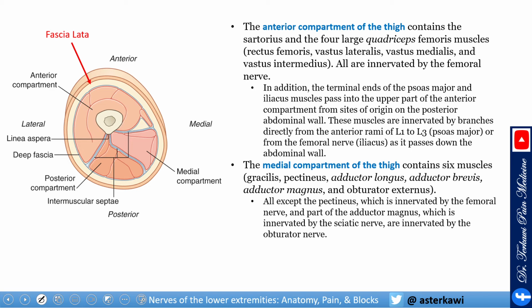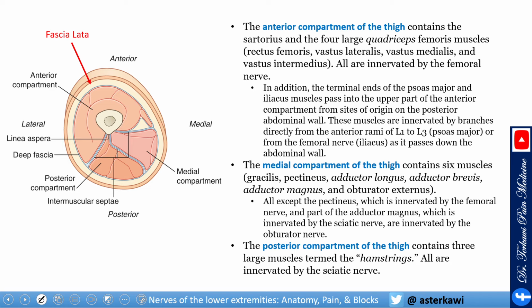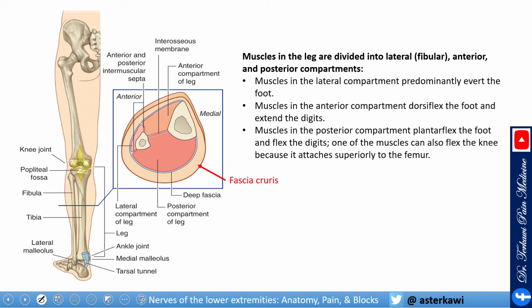And then you have the medial compartment. It has 6 muscles, mainly the adductor muscles, brevis, magnus, and longus, and mainly innervated by the obturator nerve. The posterior compartment, mainly the hamstring muscles, and mainly innervated by the sciatic nerve.